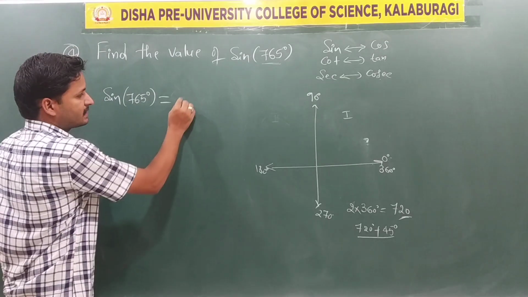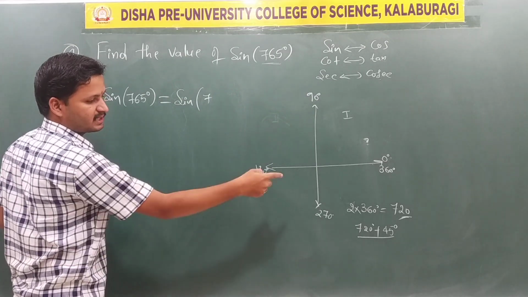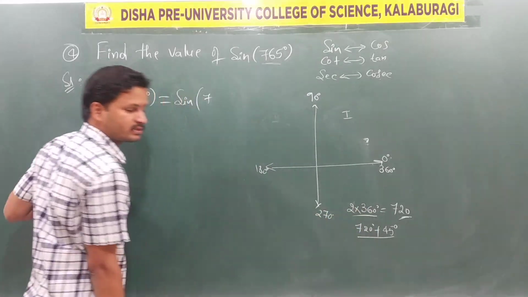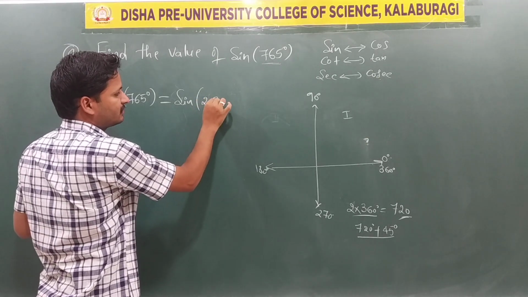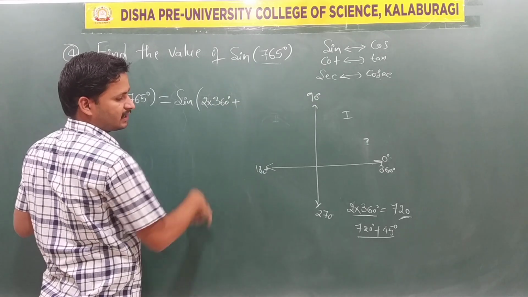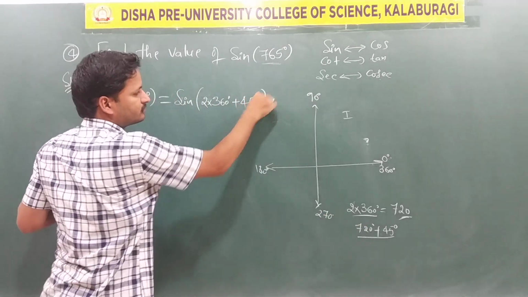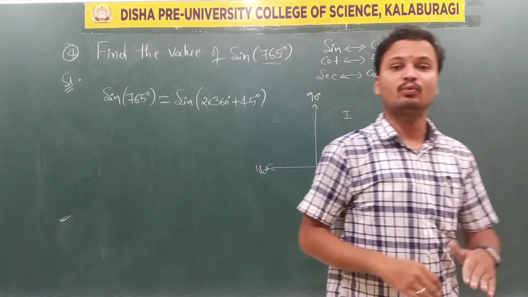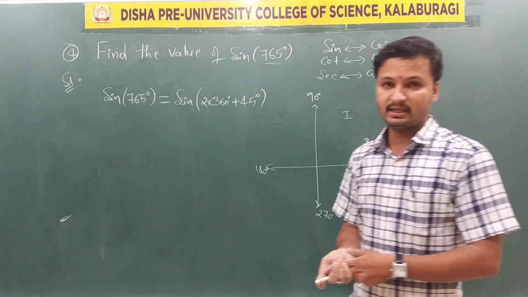So sine of 720 plus 45 degree is there. 720 again can be written as 2 times 360. So I will write here 2 times 360 degree plus 45 degree. So 765 degree is more than 360, only more than 720 degree.